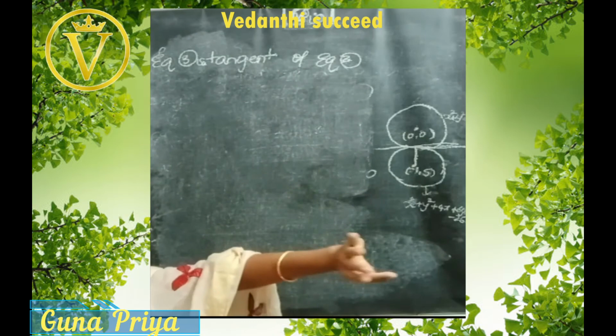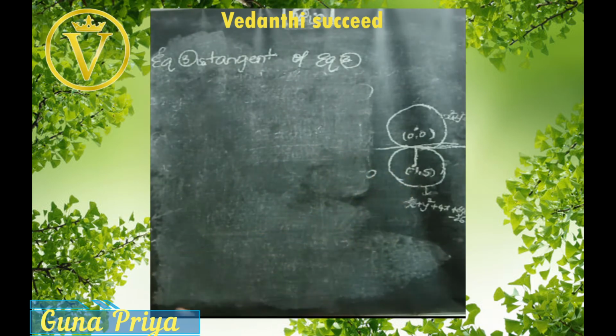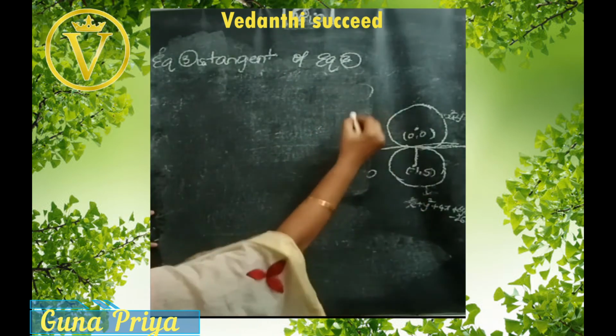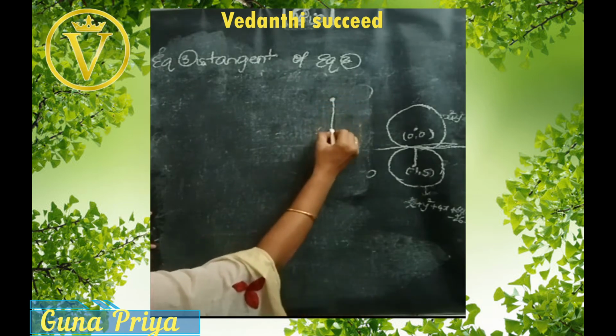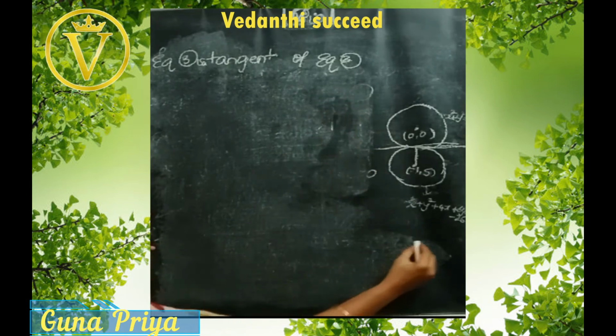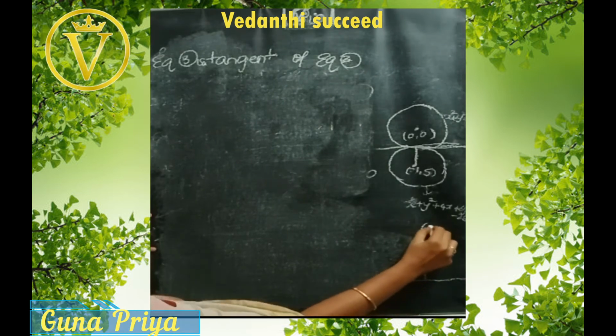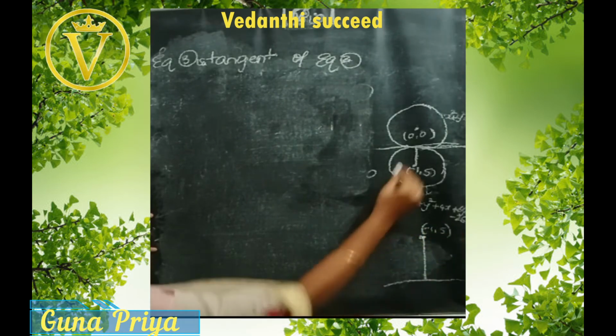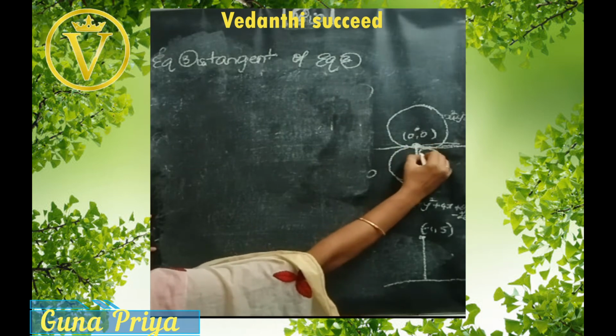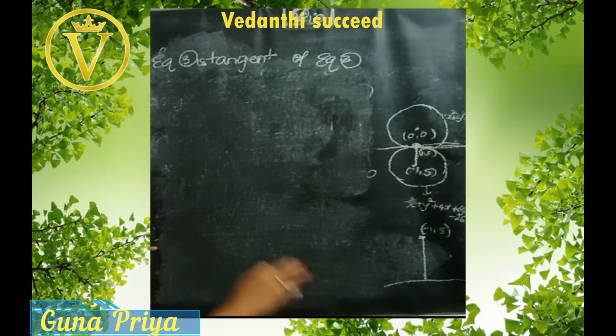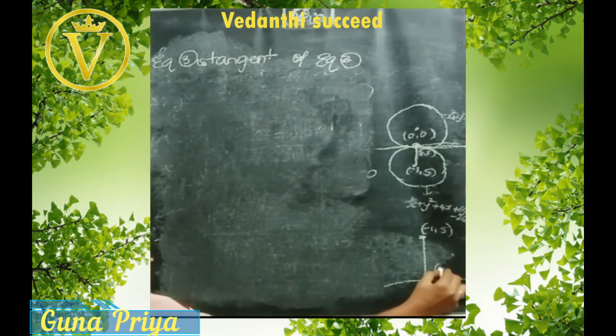From the equation of tangent of equation 2, I will write here, it is like this. This point is nothing but (-1, 5), and this is the point of contact, (h, k). In the next step, we will find this value.